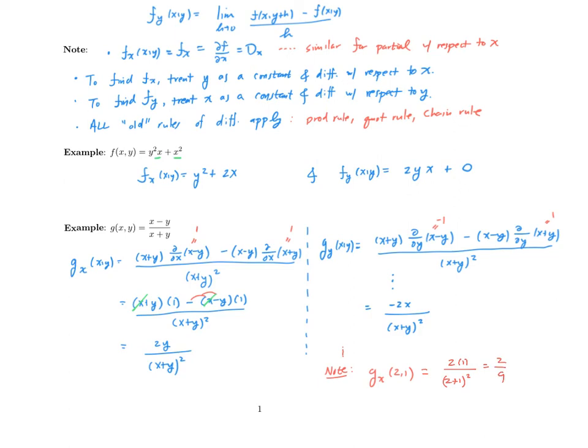And the question that we want to answer in our next video is going to be, what does this number tell us? That is, what is maybe the geometric or even just the physical significance of this number 2/9? But we're going to have to hold on for one more example.